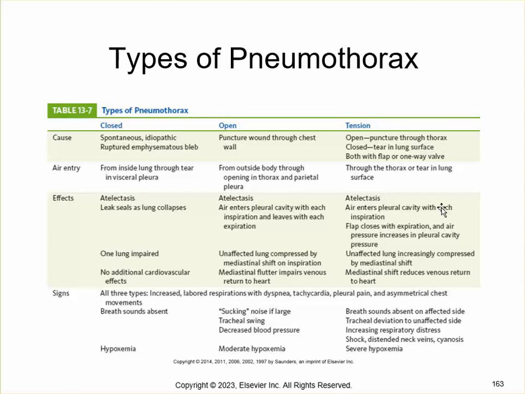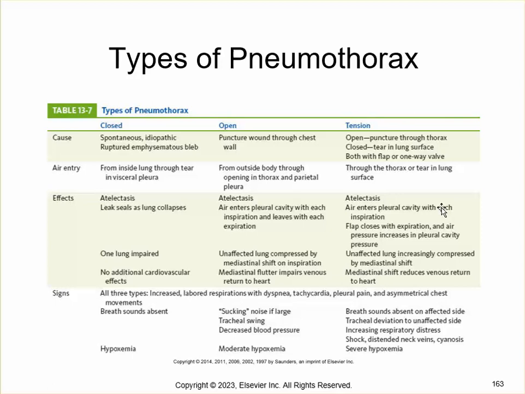With the open one, air enters the pleural cavity with each inspiration. As you breathe in, not only are you sucking air into your good lung, the one that's not collapsed, but as the chest wall expands, the pressure in the chest goes down and air sucks in through the hole from the outside into the pleural space.